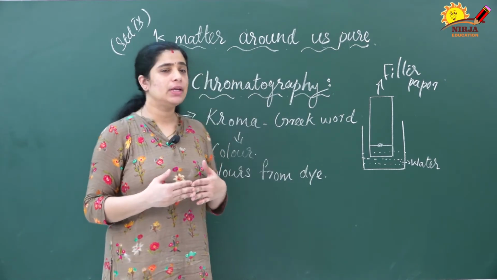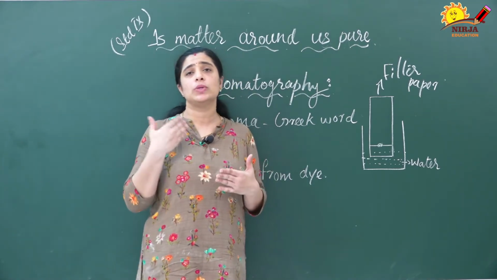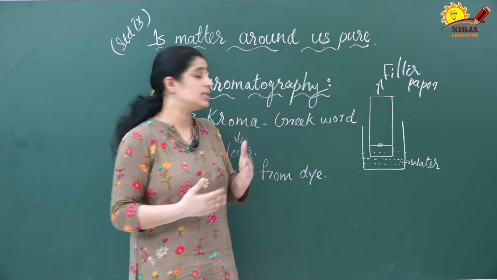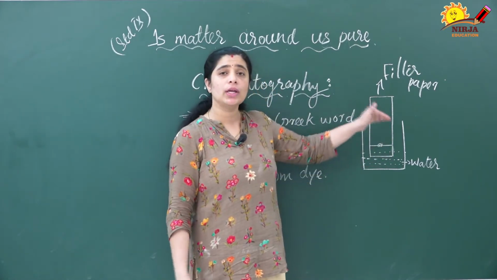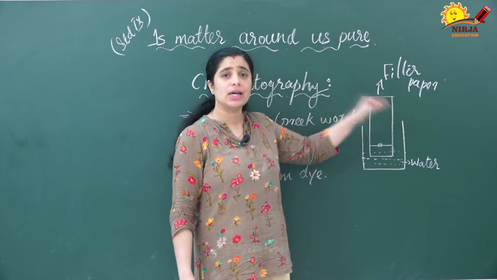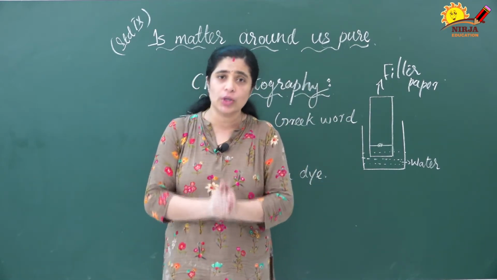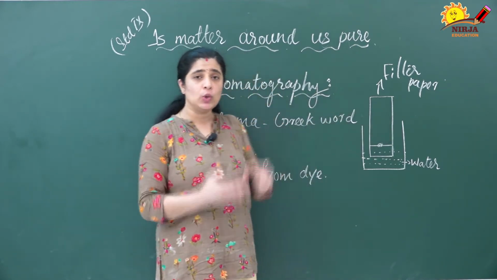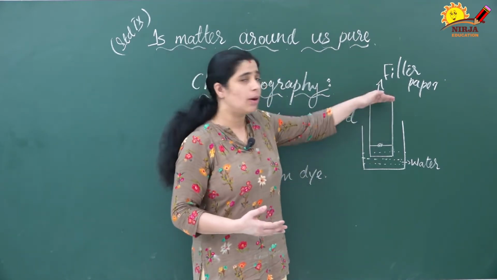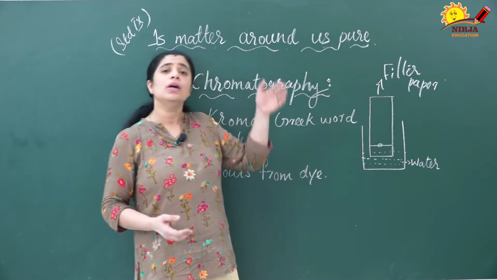So what will happen here is that the colored component that is more soluble in water will rise faster, and the one that is less soluble will dissolve very slowly and will stay at the lower part. Like this way you can see the different colored components here. So the colors will be separated from the dye.